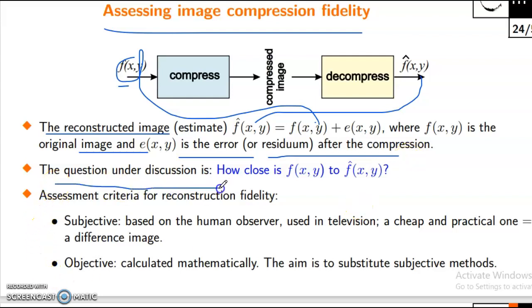The question under discussion is how close f(x,y) is to f'(x,y).